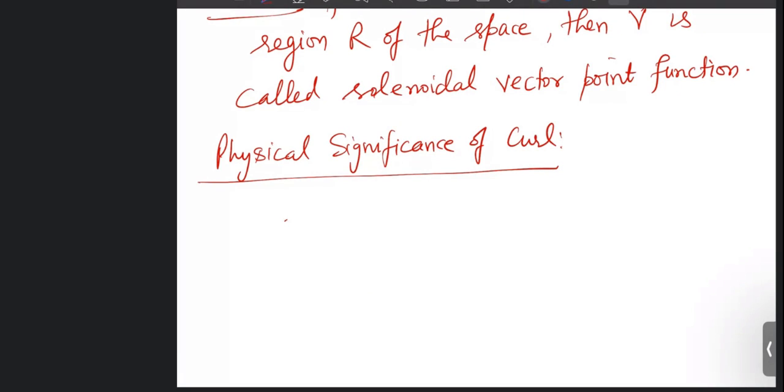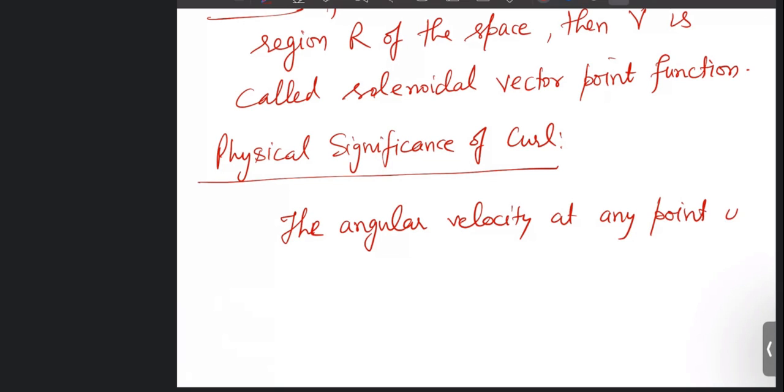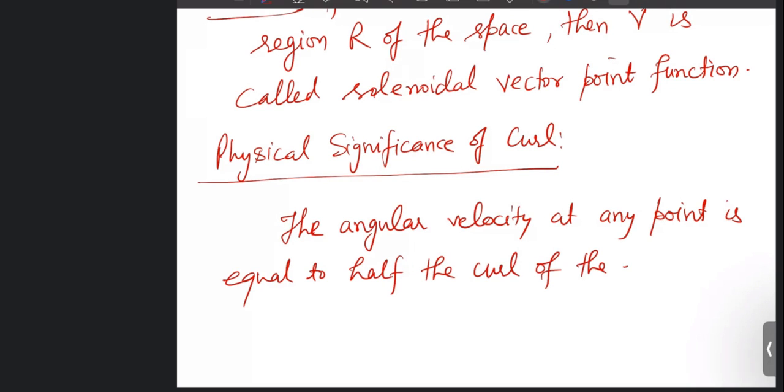The curl gives a rotation. The angular velocity at any point of the body is equal to half the curl of the linear velocity at that point.